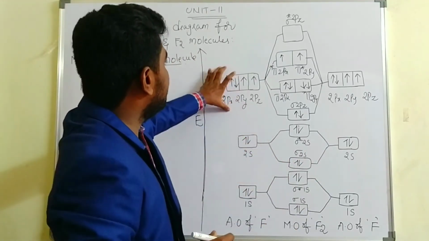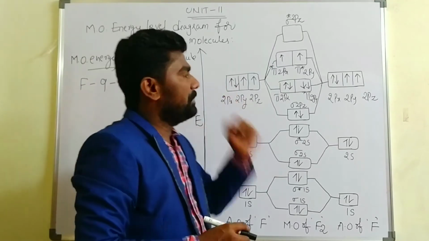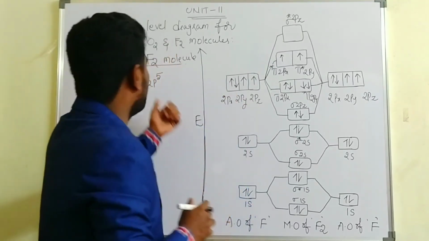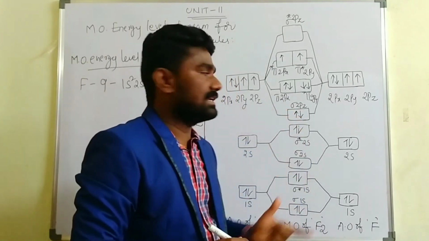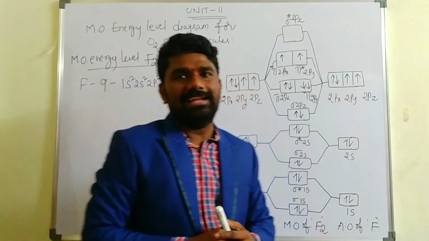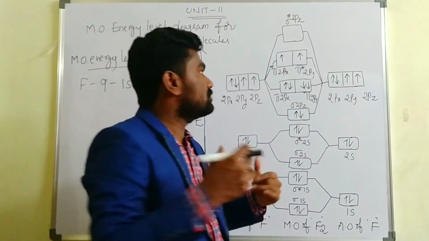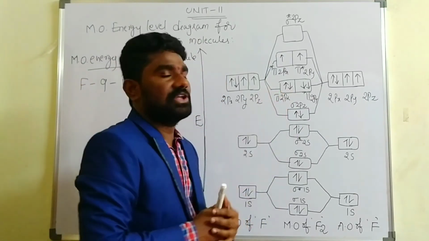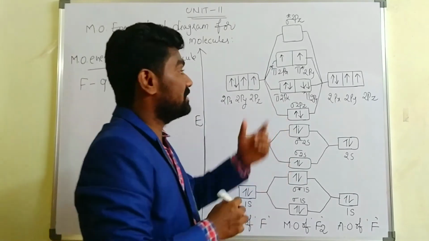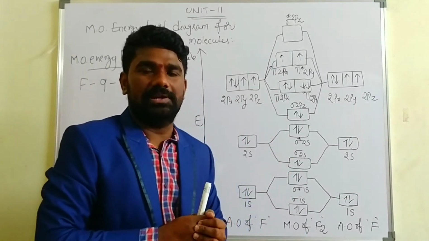Again here we have the 2p orbitals also. So 3 orbitals from one fluorine atom and 3 orbitals from the other fluorine atom can come together and overlap to form the molecular orbitals of the fluorine molecule.